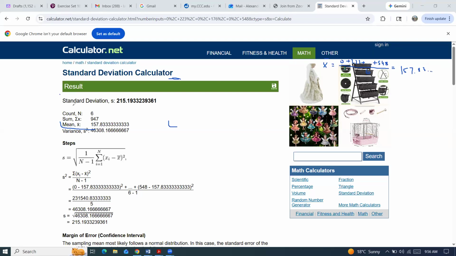Since it's a standard deviation calculator, it also gives us S, the standard deviation. Not surprisingly, it's called by the letter S, and this is about 215 and something, 0.719. So let's figure out what this is all about.